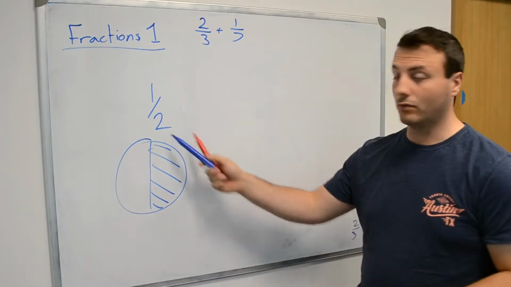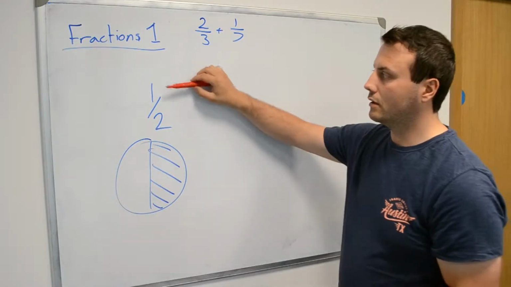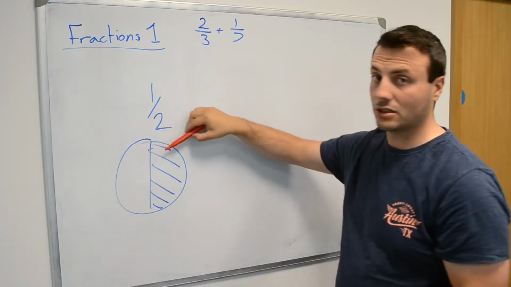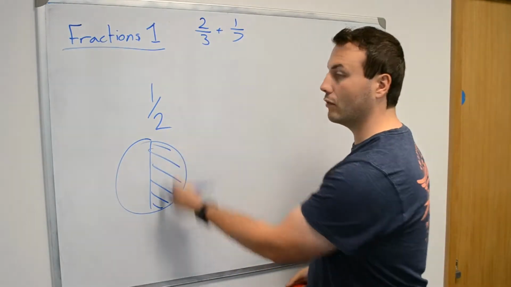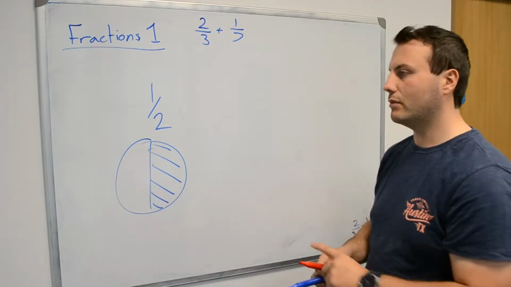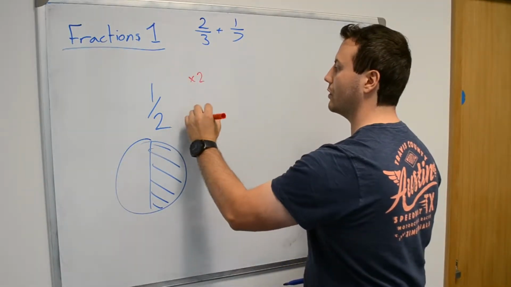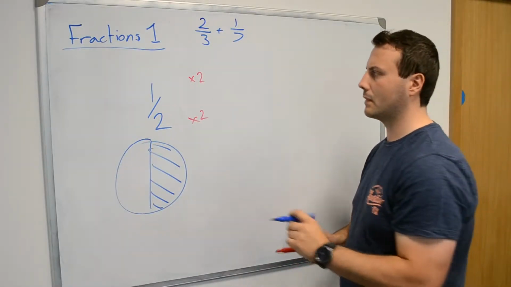So if we take the example of 1/2, if we draw it out, we can see if we took a circle, the number on the bottom shows how much we split the circle into. So in this case we split it into 2 halves. And the number on top is just how many multiples of that we have, so one section. Now, if we were to multiply both the top of the fraction and the bottom by the same number, in this case we're going to multiply both top and bottom by 2.